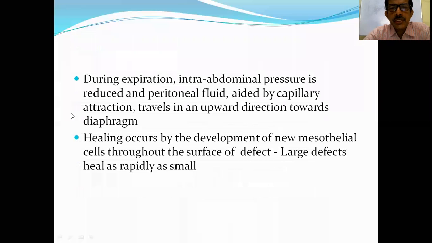Another character is that during expiration, intra-abdominal pressure is reduced and peritoneal fluid, aided by capillary attraction, travels upward towards the diaphragm. The peritoneal fluid going up lands in the subphrenic spaces, and if absorption is defective, in case of peritonitis it may lead to subphrenic abscess.